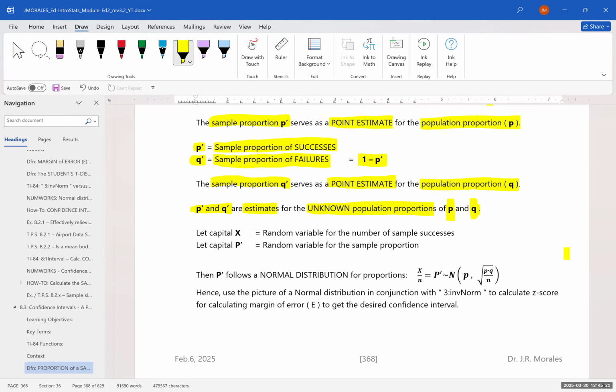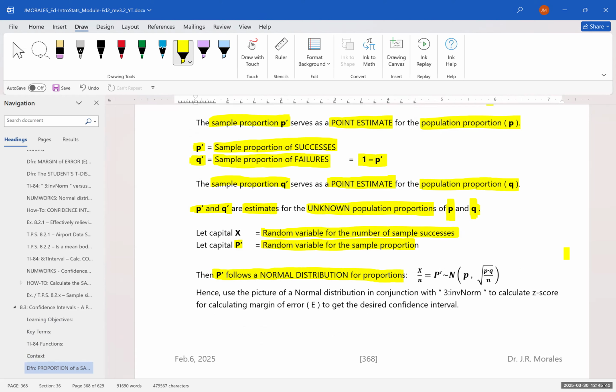So if we let capital X represent the random variable for the number of sample successes, and capital P prime be the random variable for the sample proportion, then P prime follows a normal distribution for proportions.